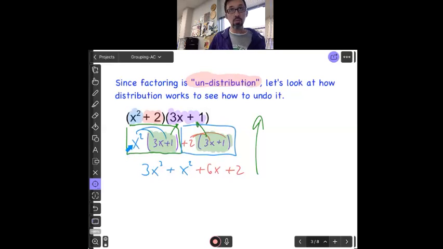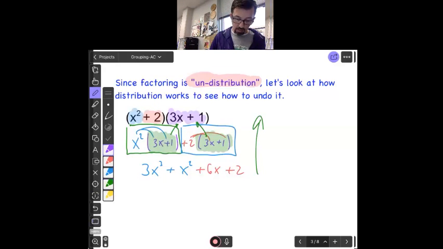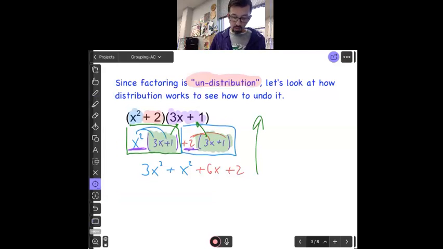We didn't bring out 2 of them, we just brought out 1. So as I take that 3x plus 1 out, it becomes 1 times 3x plus 1. Then where did this come from? That was just the leftovers. We took those 3x plus 1s out, so what was left? That's always the question: I take something out, what's left in? So the x squared and the 2 went together here.